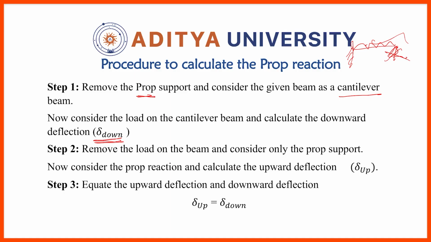Once again, step 2 is to remove the load acting on the beam, that is UDL or point load, and consider only the prop reaction, and calculate the upward deflection. Step 3 is to equate the downward deflection due to the load and the upward deflection due to the prop reaction, so that I can easily calculate the prop reaction.